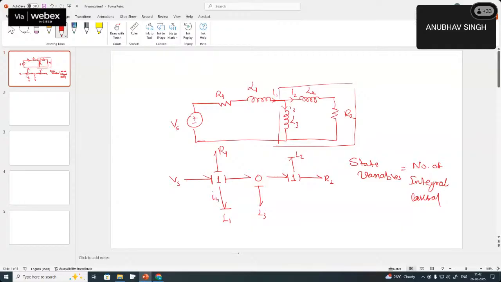IL1, IL2, IL3. So what is the flow here? At the one junction, IL1, IL2, and this is IL3, with EL3. So what is EL3 then? EL3 is L3 dIL3 by dt. What is IL3? IL3 is IL1 minus IL2.